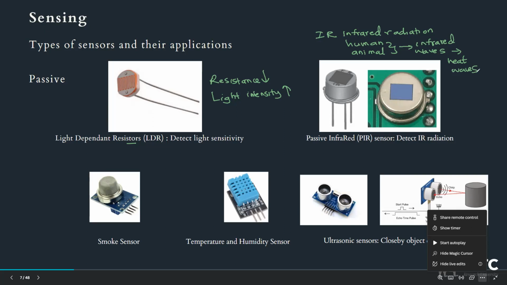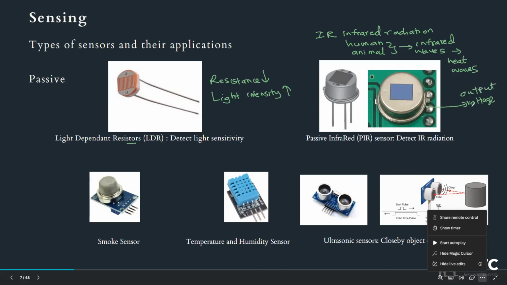So the PIR sensor can sense these heat waves, and the output from this PIR sensor will be a voltage value. So the sensor will sense the infrared waves and give an output as a voltage.